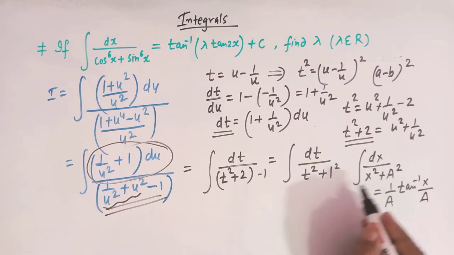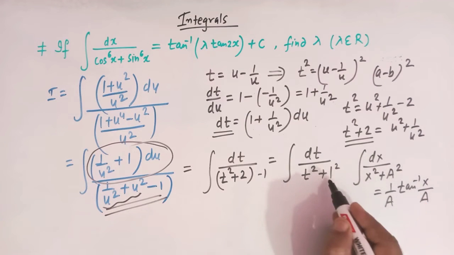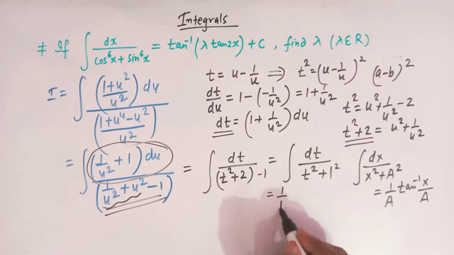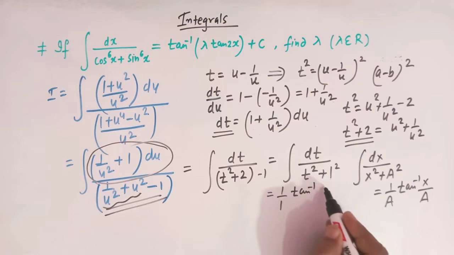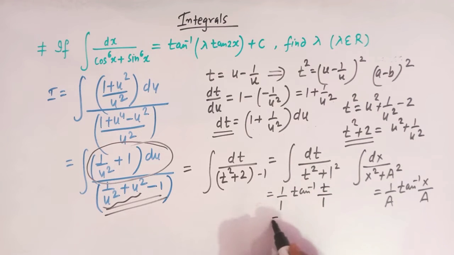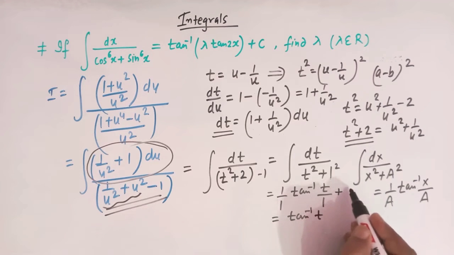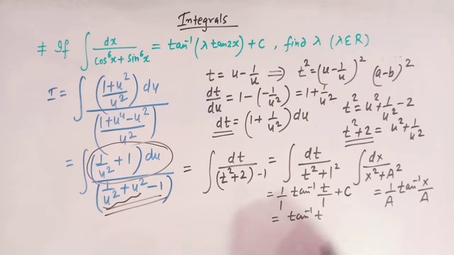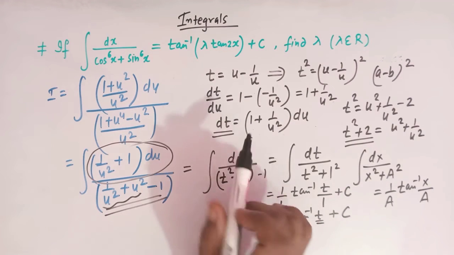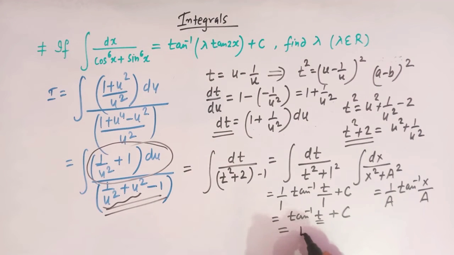So here for x we have t, for a we have 1, so we have 1 over 1 tan inverse t over 1, right? So we can write it as tan inverse t, and here we have the constant of integration as c, right? So we have tan inverse t plus c, and t can be replaced by u minus 1 over u. So we have tan inverse of u minus 1 over u plus c, right?